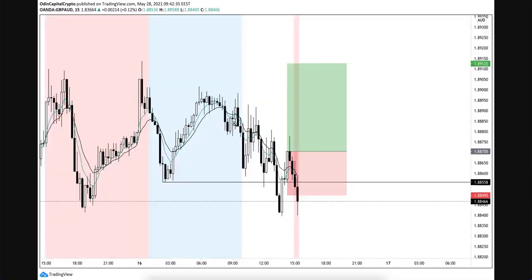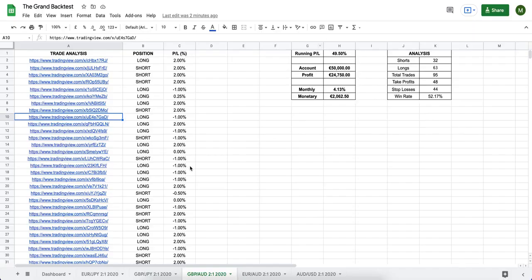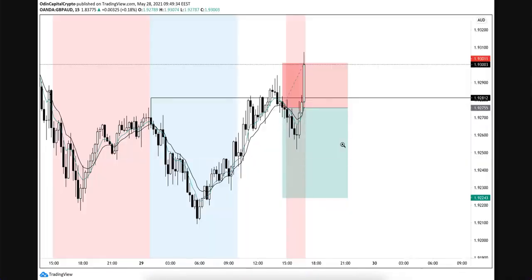If we look at some of the losses as well, boom, as you can see, very similar to GJ. We got a very nice long setup, but the moment we enter the long position, boom, the market reverses, and this happens multiple times, and it's all good, because what matters eventually, in the end, is the end result, and the end result, as you can see, is an incredibly high percentage of profits.